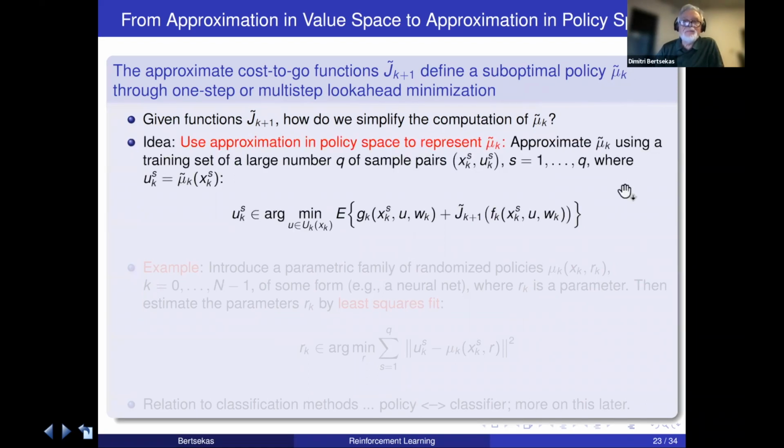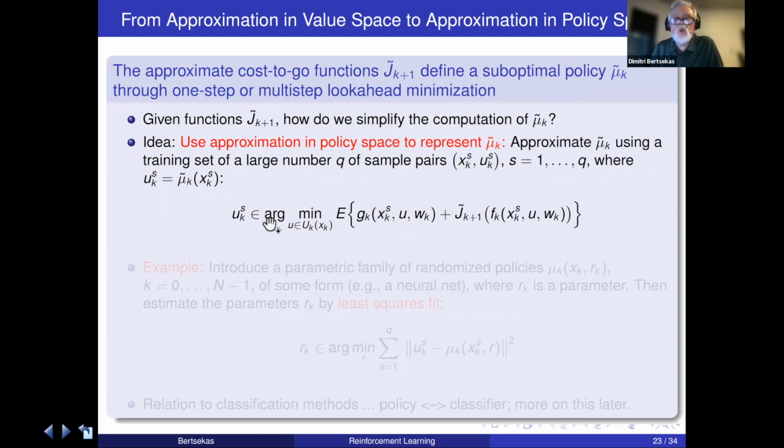And here is how this is done. We'll use approximation in policy space to represent the policy obtained by one-step or multi-step look-ahead minimization. In particular, we have these J tildes. So we can do a lot of these minimizations offline to construct a training set involving sample pairs: plug in different x_k values, obtain different u_k values, and do this for a large number of states, let's say 1 million states.